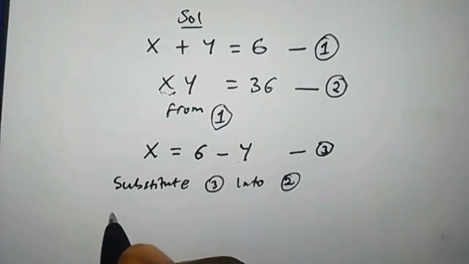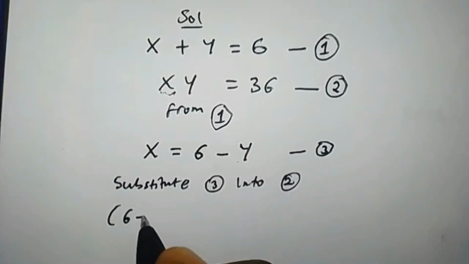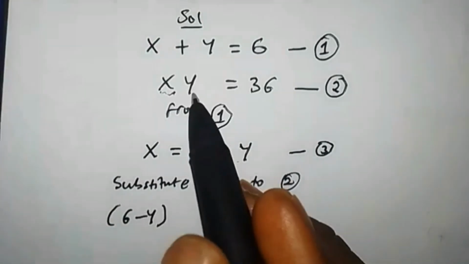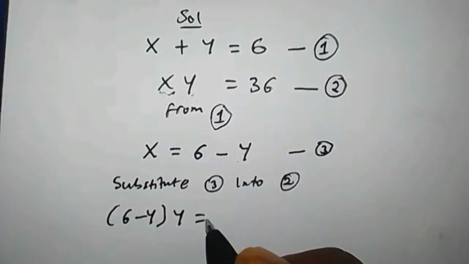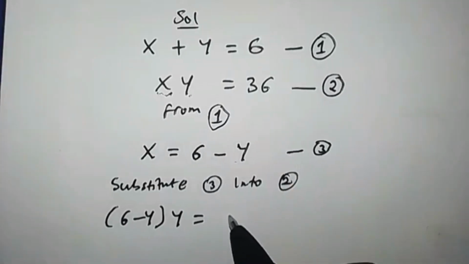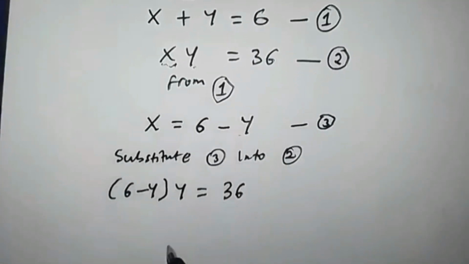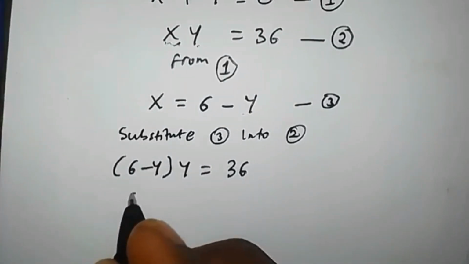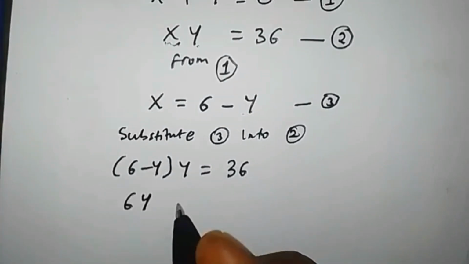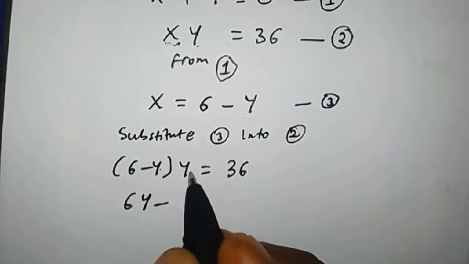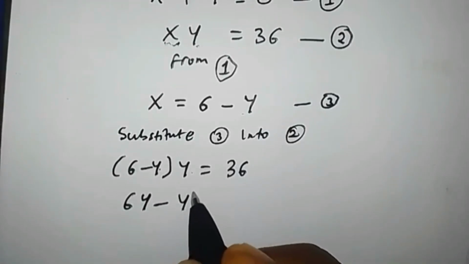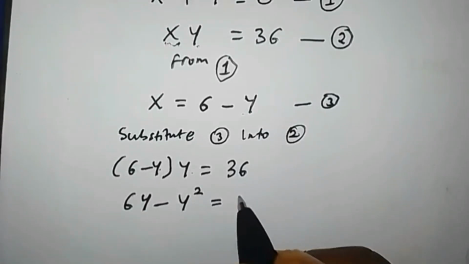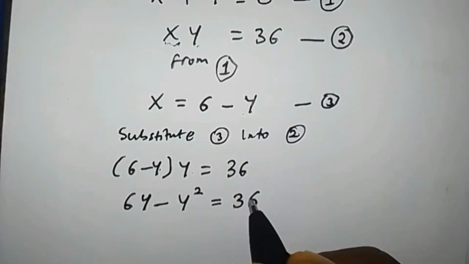So that will be 6 minus y times y equals 36. Let's open this bracket. 6 times y, 6y, minus y times y, y squared, equals 36.